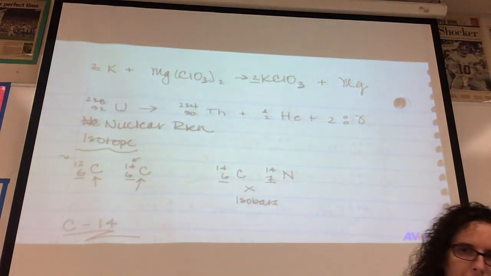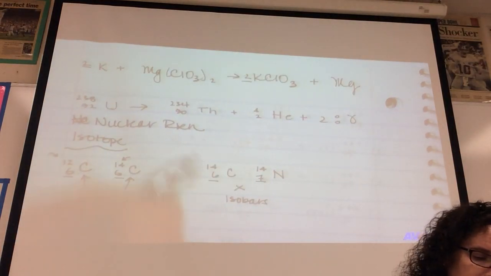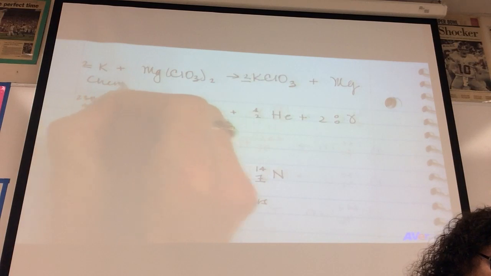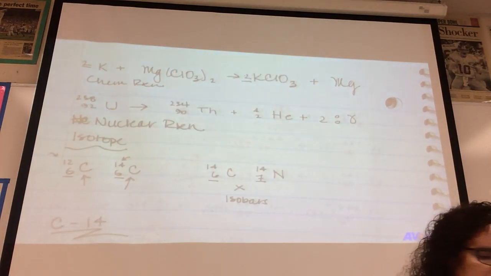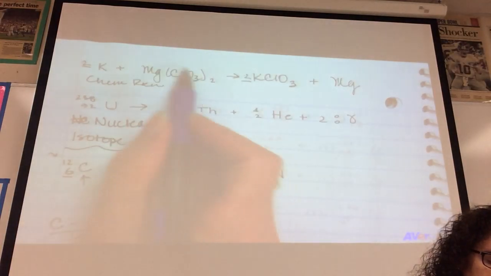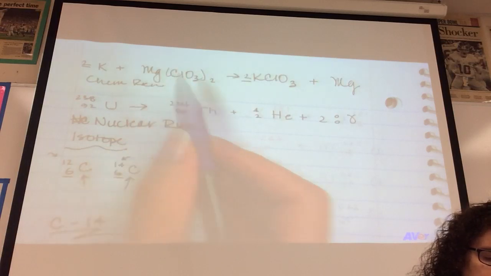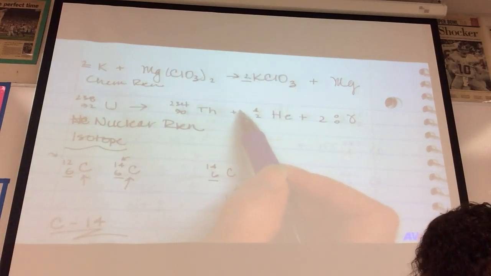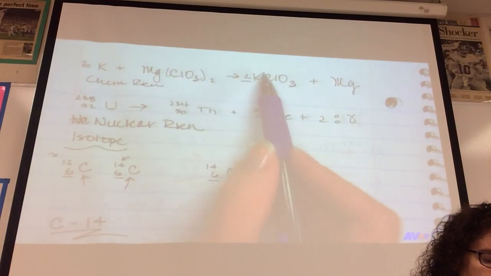And you know how to write and balance chemical equations at this stage of the game. So this is a chemical reaction, and you'll note that there are some key differences. You've got magnesium chlorate here, an ionic compound. You break those ionic bonds and you can form a new ionic compound. So this is going to happen when bonds are broken and formed.